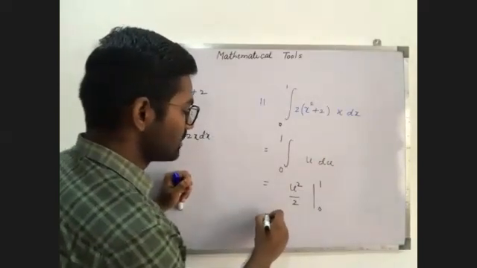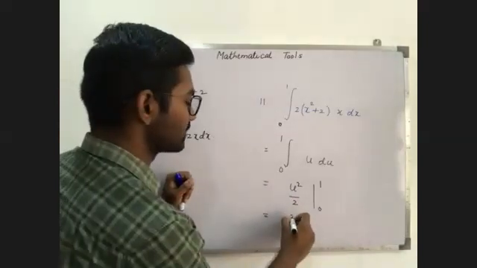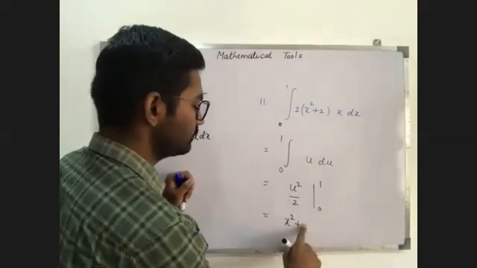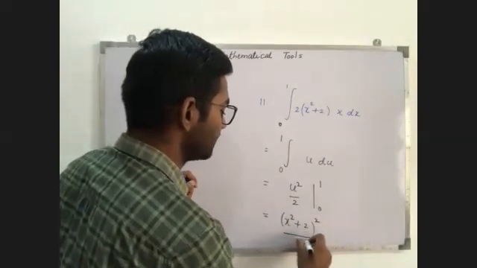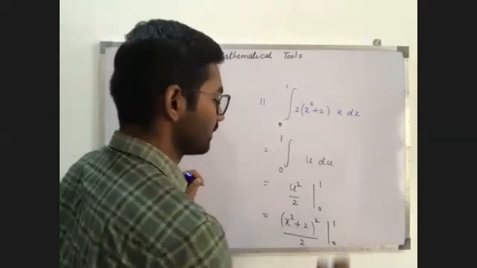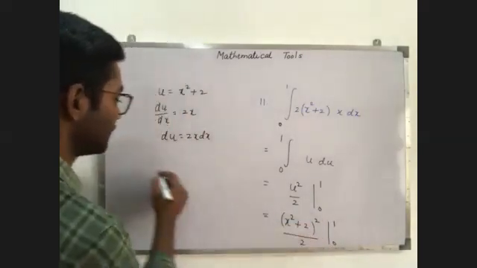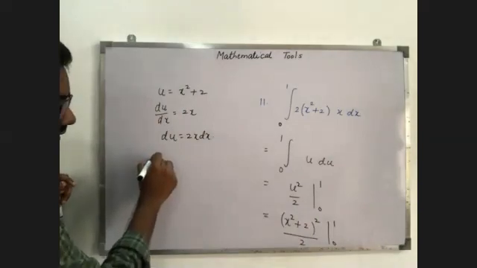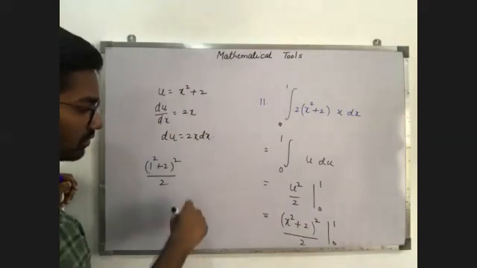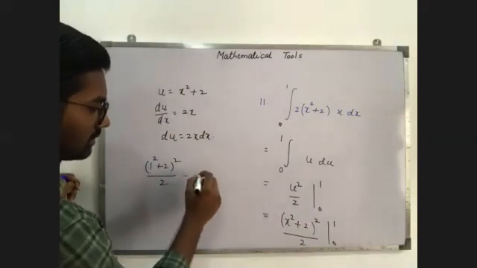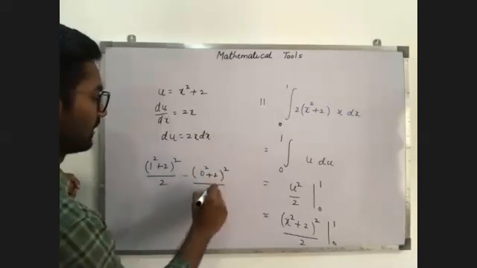Once you calculate it, first put the u, so x square plus 2, whole square, whole divided by 2, 0 to 1. Now this limit was for x and I am getting x here. Now we can put the value. So 1 square plus 2, whole square, divided by 2, minus 0 square plus 2, whole square, divided by 2.